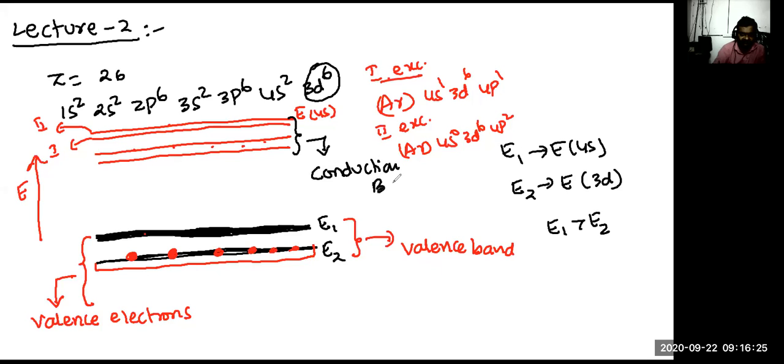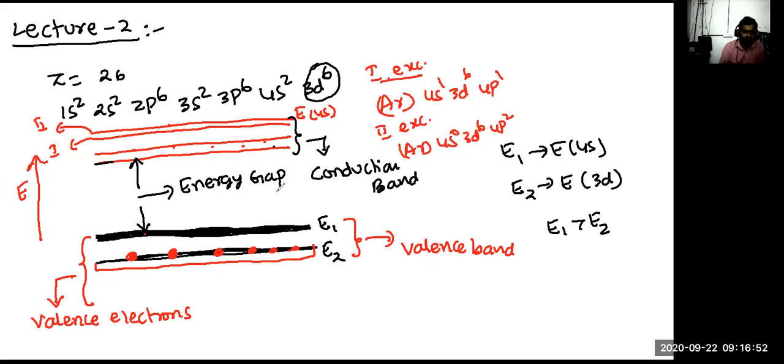The gap between the lowest energy level of the conduction band and the highest energy level of the valence band can be called the energy gap.